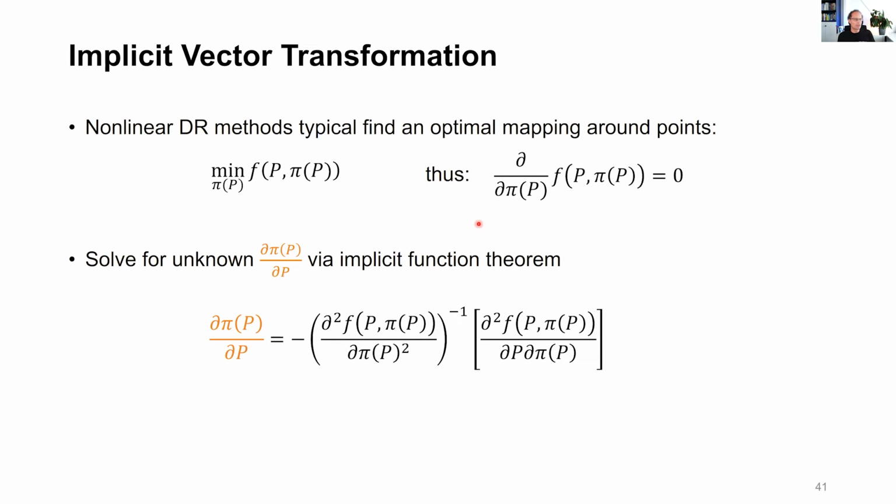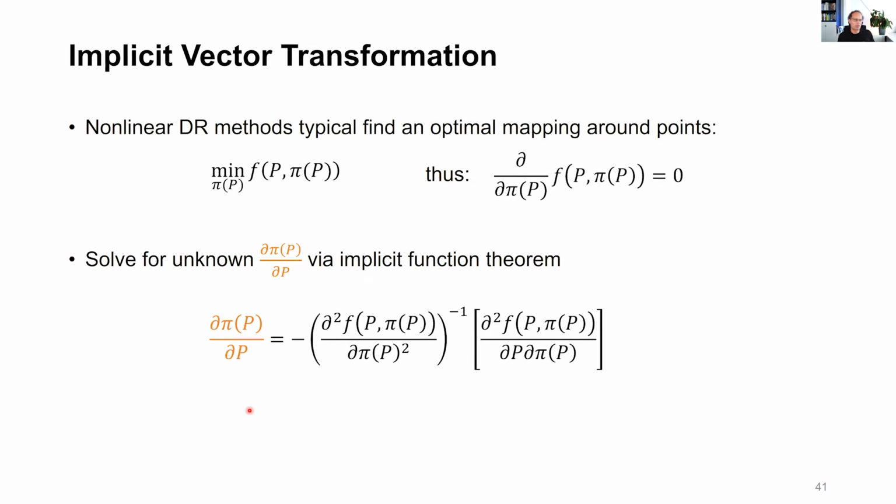With this, we can directly see that if we apply the partial derivatives, this has to vanish. This comes just from this assumption. That's our basic assumption. But this is the key feature why we can now do an implicit computation of the partial derivatives, because we can apply the implicit function theorem and directly compute the unknowns that we want to compute. Essentially it's based on the chain rule applied to this multidimensional setting. Here is the full formulation written down, and from this, we can arrive at these partial derivatives.